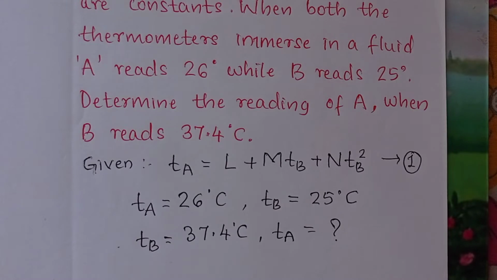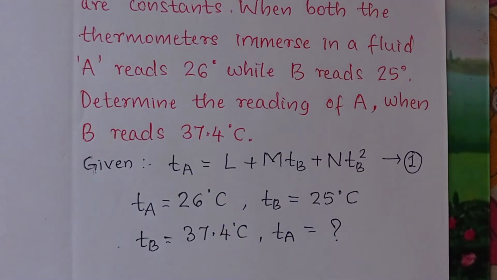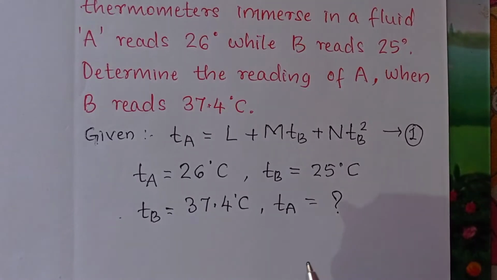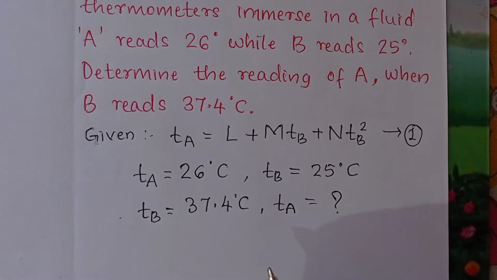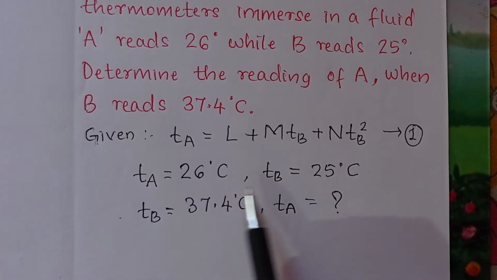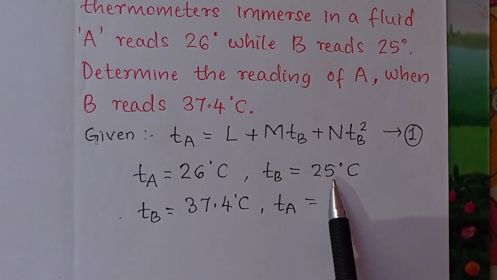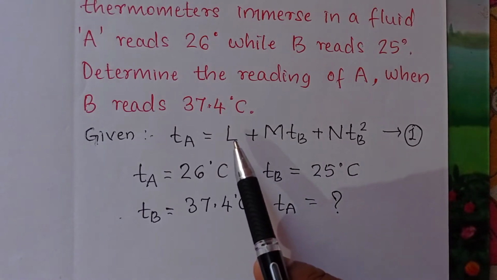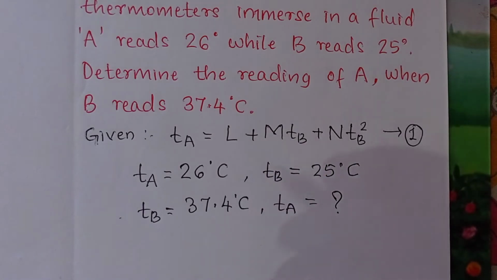So let us take this governing equation and substitute the conditions given in the problem. That is, we know ice point and steam point, along with one more condition, that when TB is equal to 25 degree centigrade, TA is 26 degree centigrade, because there are three unknowns L, M and N.